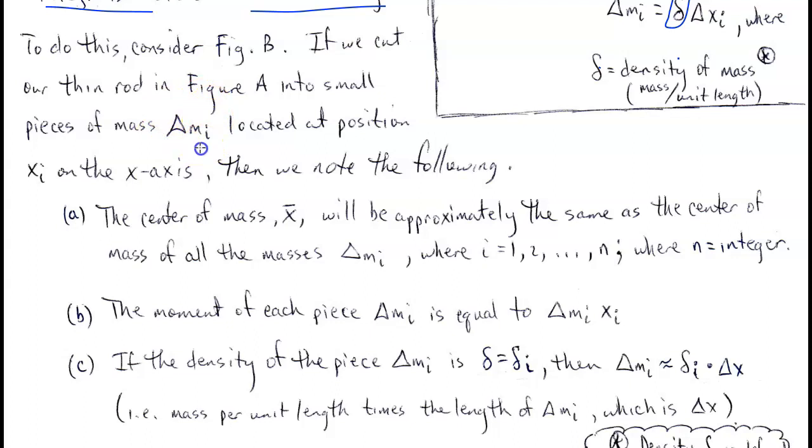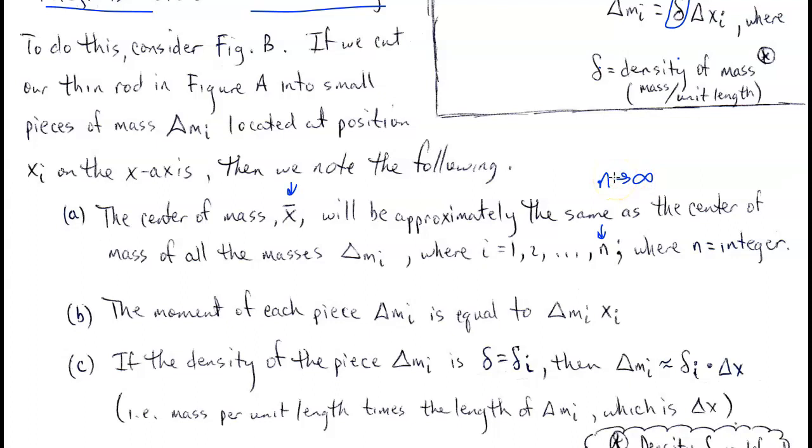So number 1, we know that the center of mass, which is this x bar right here, is going to be approximately the same as the center of mass of all the masses, delta m sub i, where i is just some positive integer, and it's going to go all the way up to n, however much we want that to be. Ideally speaking, we would want n to approach infinity here.